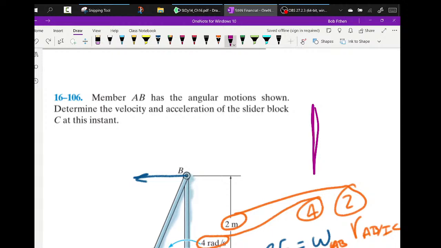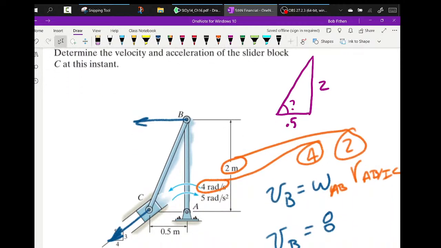Here's a triangle. Well, okay, let's try it again. This is 2, this is 1/2, this is whatever. So, in essence, I like to go across and figure out the 2 squared plus a half squared.